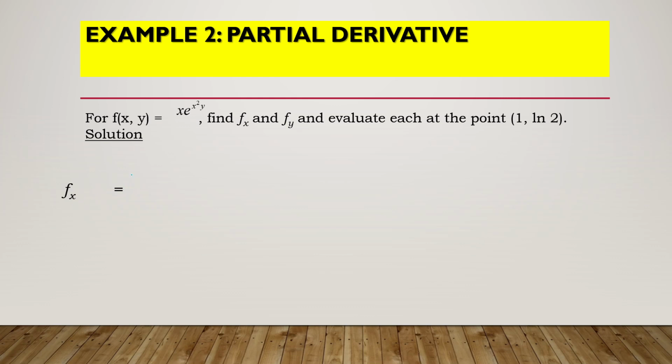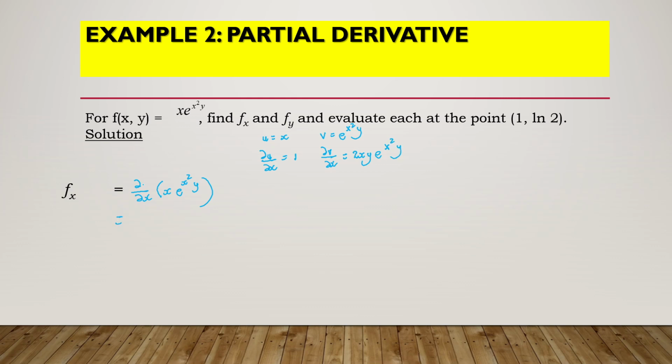Okay, fx. Exactly, you would like to do del del x of f(x,y), which is x e^(x squared y). Here you have a product of functions of x, so you need to use the product rule where you let u be x and v be e^(x squared y). So del u del x is 1, and del v del x, differentiating with respect to x where y is constant, is 2xy e^(x squared y).